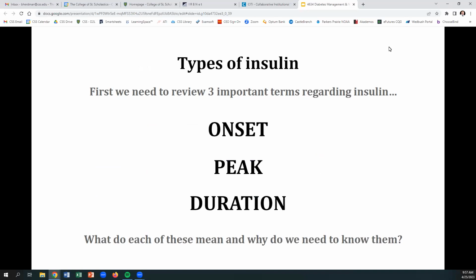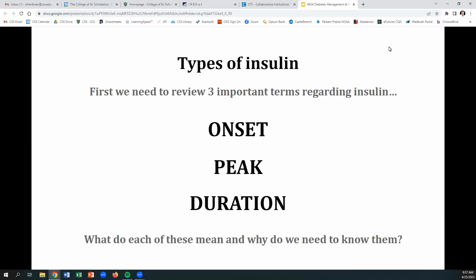Before we start talking about the different kinds of insulin, it's really important that we understand 3 important terms regarding insulin. The 3 terms are listed on the slide here: onset, peak, and duration, okay? When we think about onset, we're talking about the length of time before insulin reaches the bloodstream and begins lowering blood sugar.